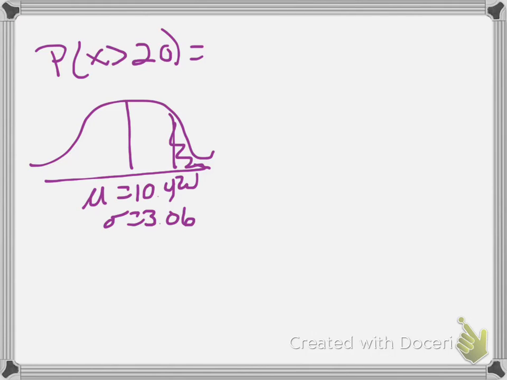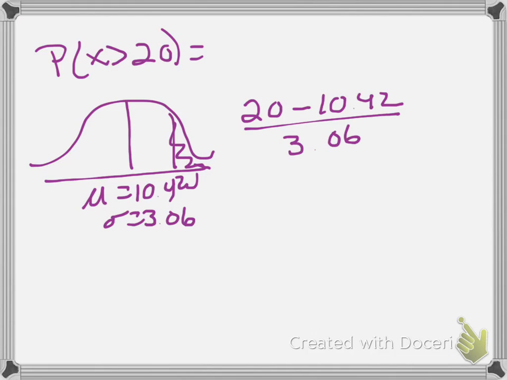So remember the math is going to be 20 minus 10 divided by 3.